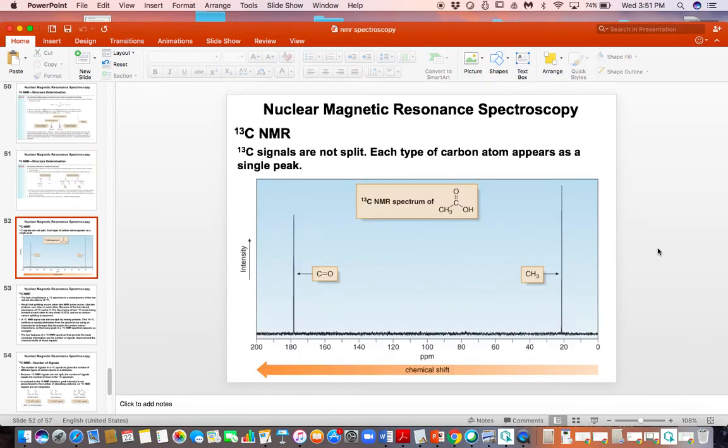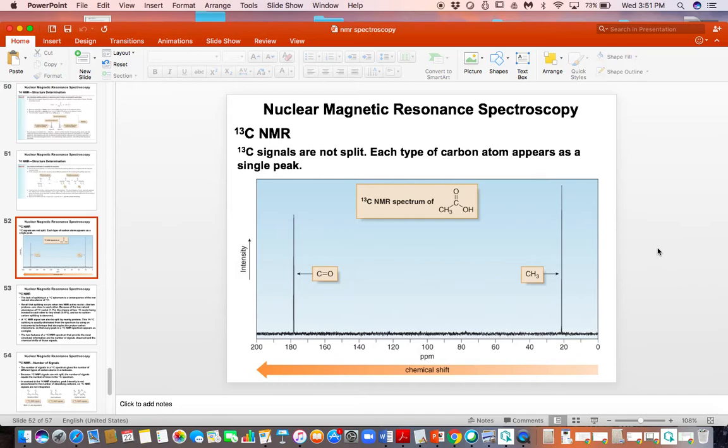The other thing that you look at is chemical shift, right? And this again follows the same guidelines that we learned about in proton NMR. Carbons can be shielded or deshielded depending on what's around them. The same factors that cause deshielding or shielding in hydrogens also cause deshielding or shielding in carbons.